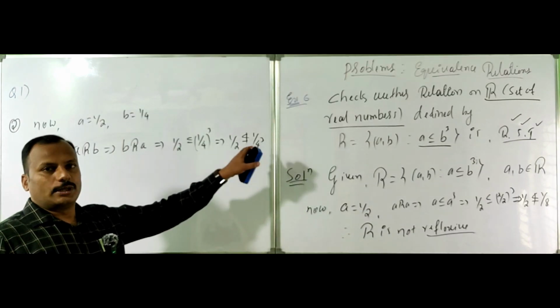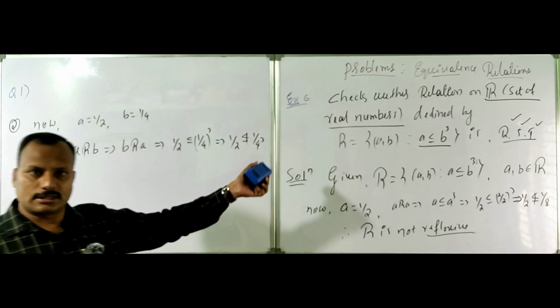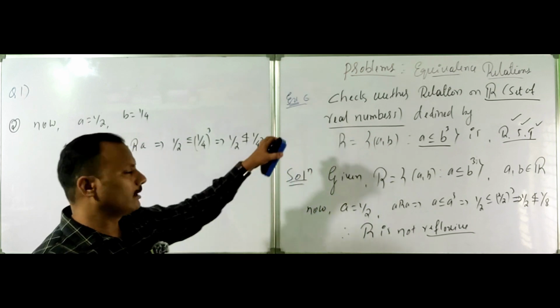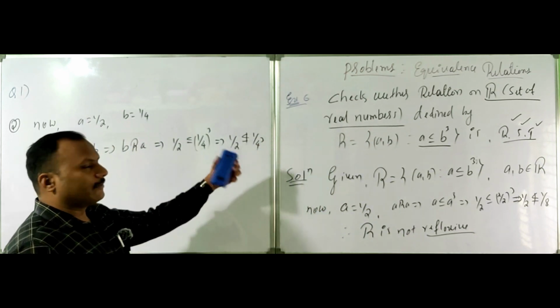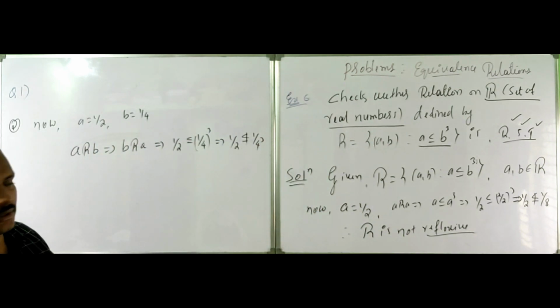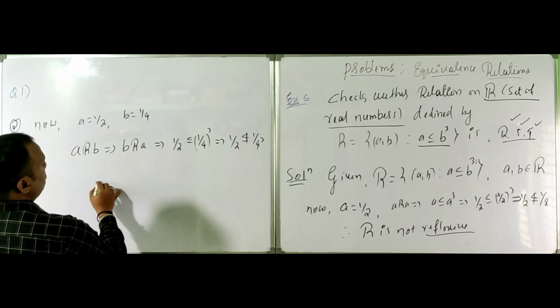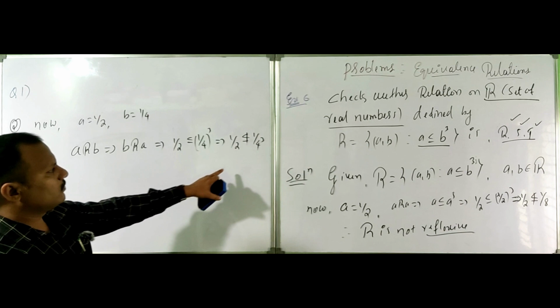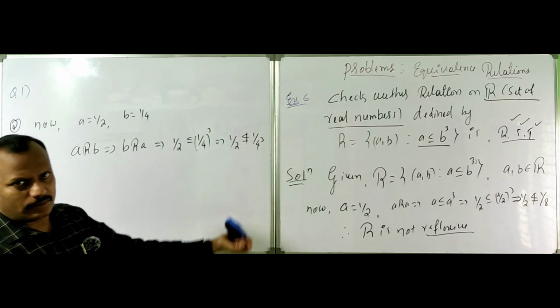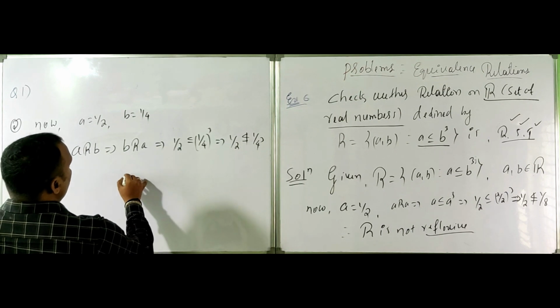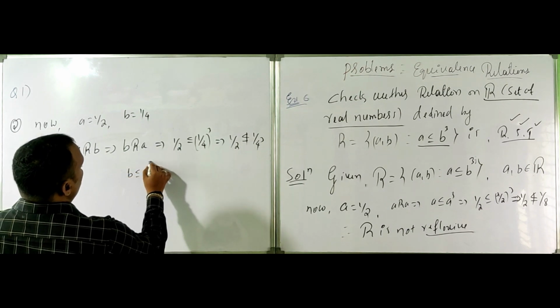See here, we don't need to write the expansion. 4 into 4 is 16, 16 into 4 is 64, you can write that, but in the exam if they give 4 to the power n, that's not possible. Again, automatically this is not symmetric, but we'll show. Again, bRa means b is less than or equal to a cube.